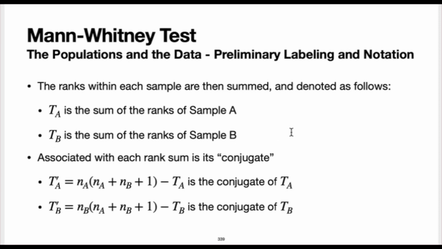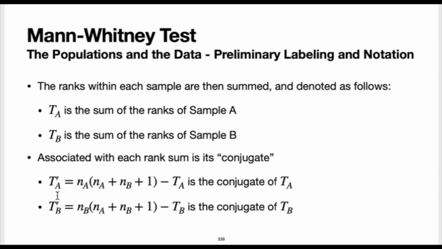Now, associated with each of these two rank sums, T sub A is the rank sum for sample A, T sub B is the rank sum for sample B, is the conjugate of that rank sum. And the conjugate is denoted by putting that little tick mark or apostrophe up there in the subscript.